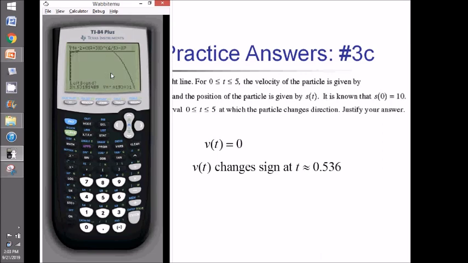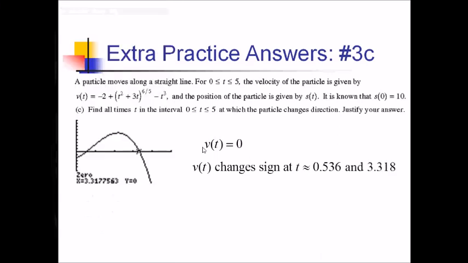And now I'll directly enter the left bound 2 and a right bound of 5, just so I don't have to mess around with my spider. Enter again, and that gives us 3.318. So there's our other value. And we've proven now, because velocity changes sign here, our particle is changing directions at these times.